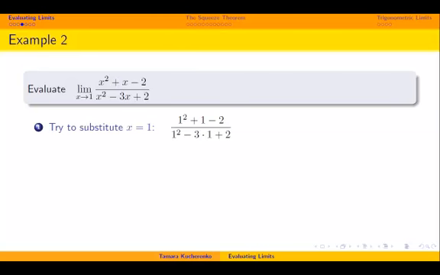The numerator 1 squared plus 1 minus 2 equals 0. The denominator 1 squared minus 3 times 1 plus 2 is also 0. In this case, we need to transform the function algebraically and cancel.